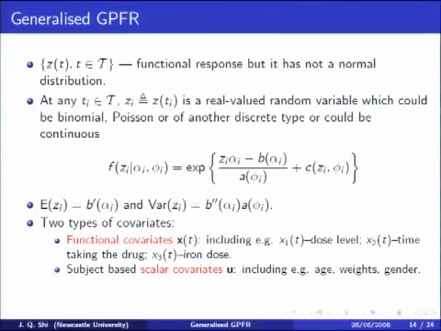And then we also have those two types of covariates. One is a set of functional covariates, and the other is those scalar covariates.